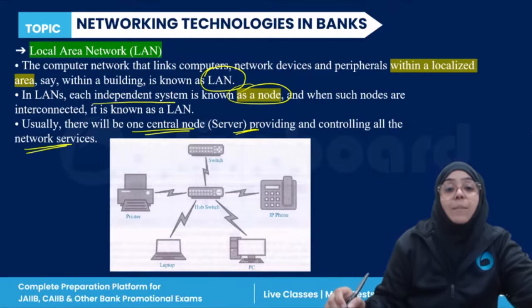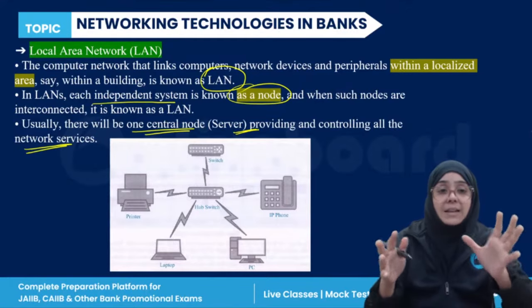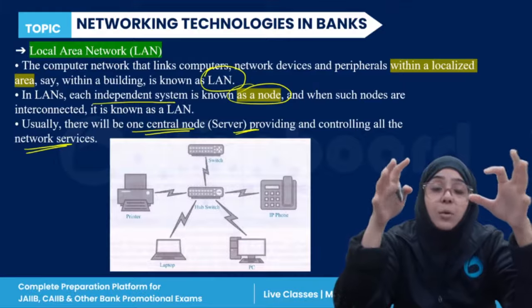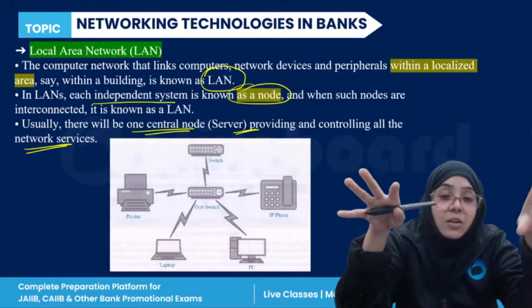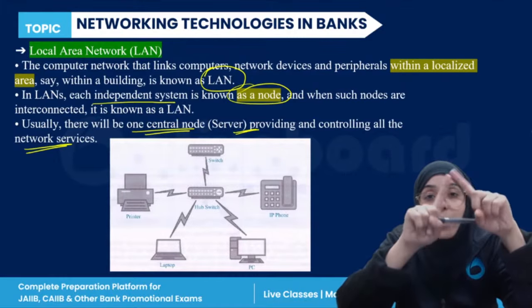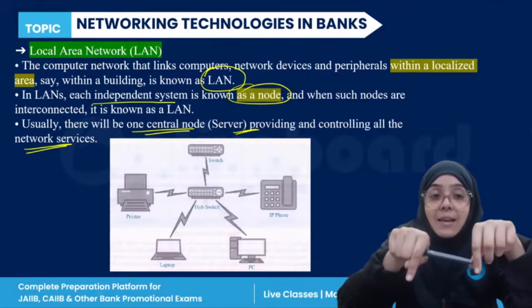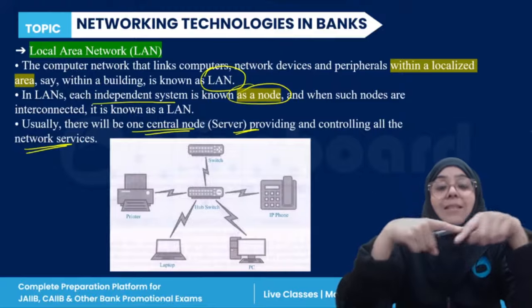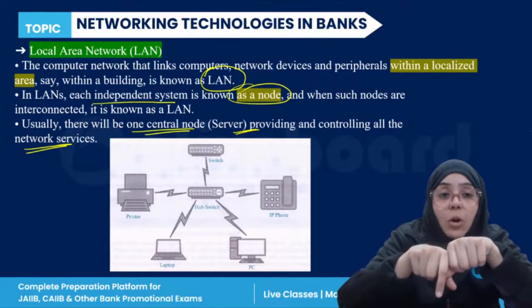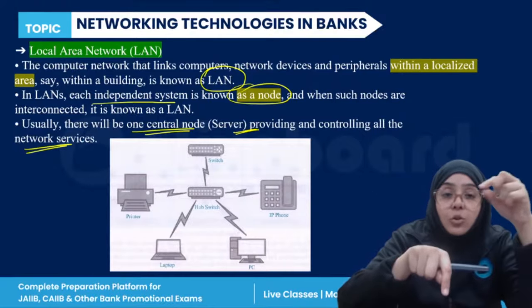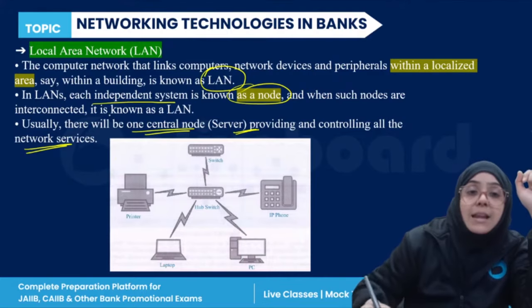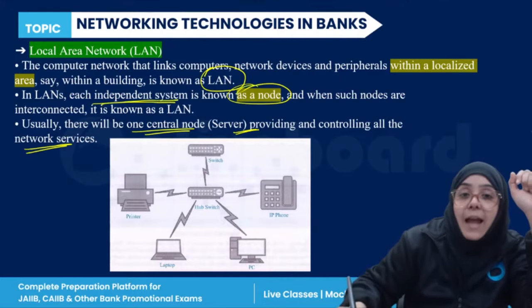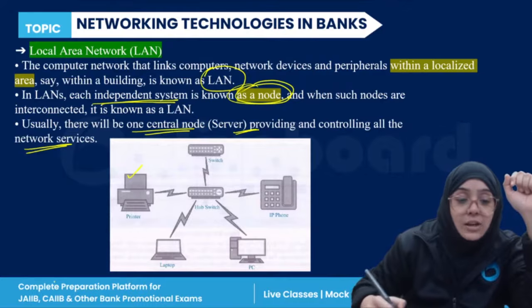So if we think of the LAN, you are connecting computers, network devices, and peripherals within a localized area, or within a building. Then it is known as a local area network. Each independent system is called a node.